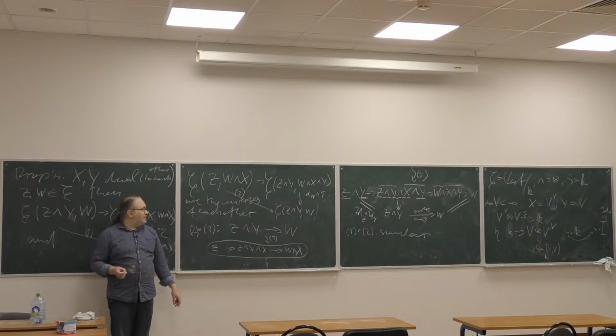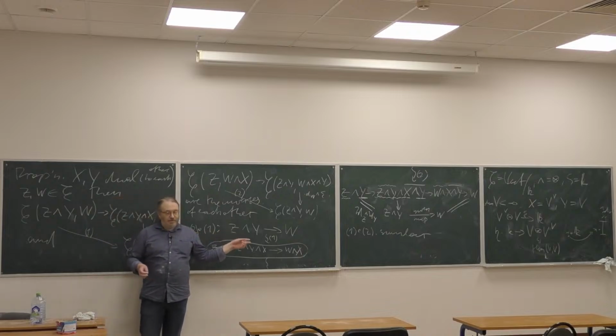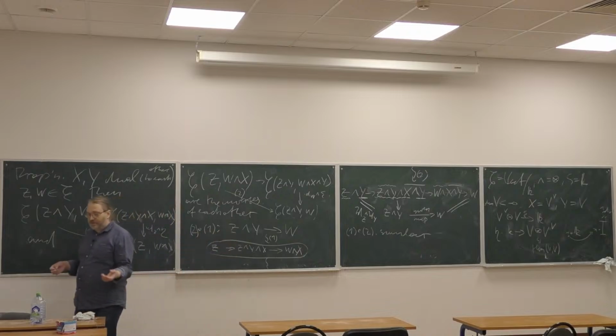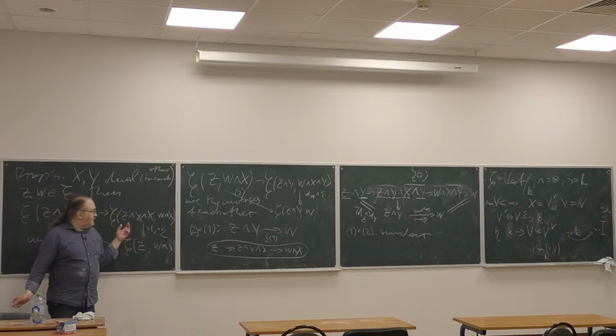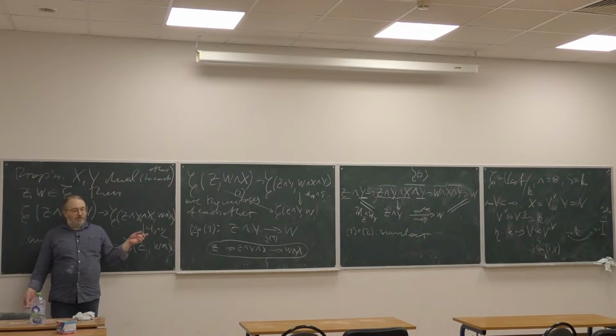But as we'll see, if the category is not just monoidal but symmetric monoidal, then the double dual of a dualizable object is the same as the object itself.